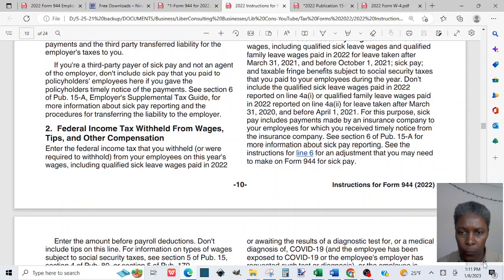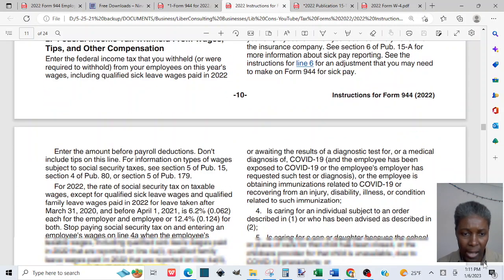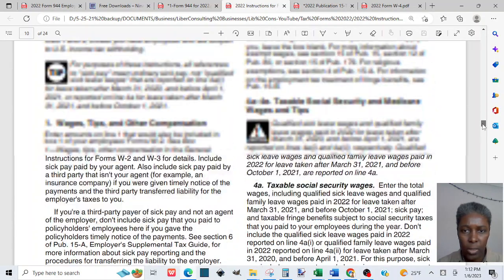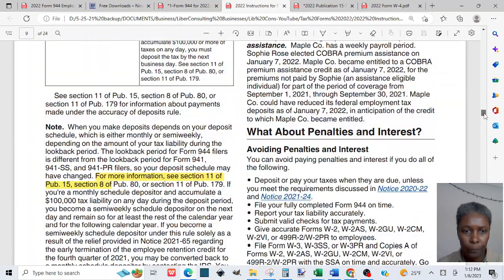I believe you will withhold Social Security tax up to $147,000 for the year.